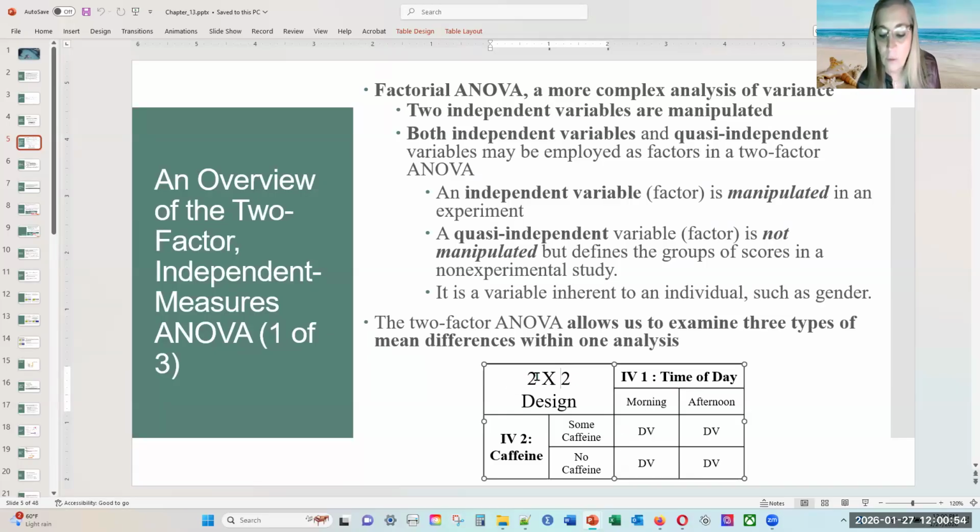I can have a 3x2 factorial ANOVA, where one of my factors has three conditions. I can have a 3x3, which would mean both of my factors have three conditions each, and so on. It can get more and more complicated. And in fact, I can add the number of factors. I can have more than just two factors as well.